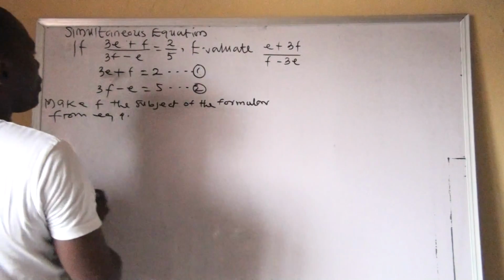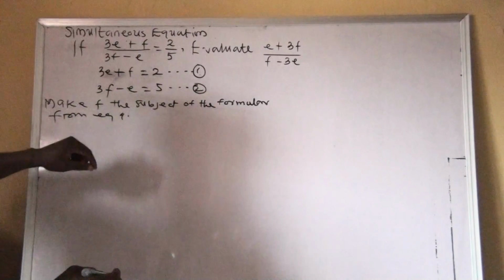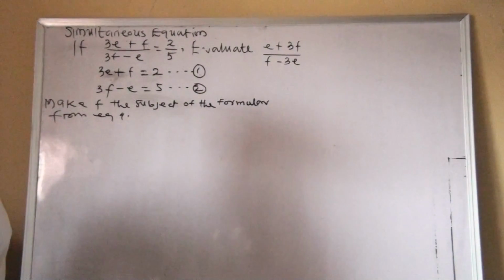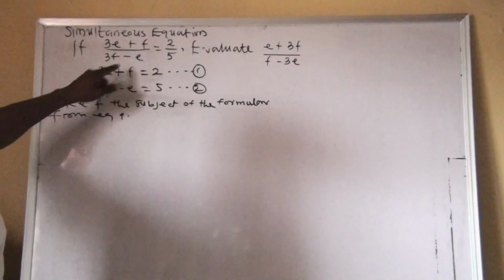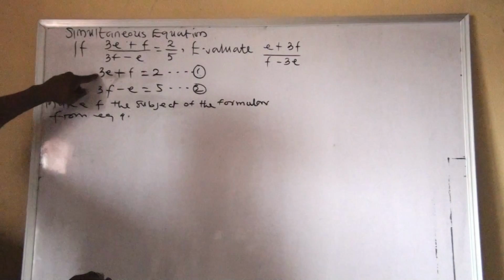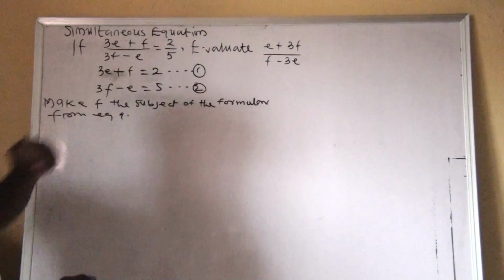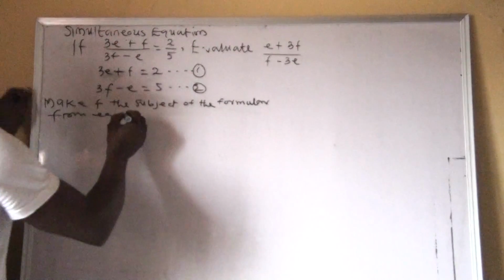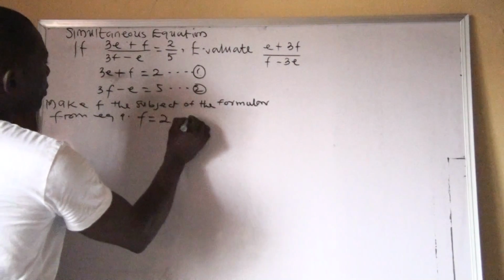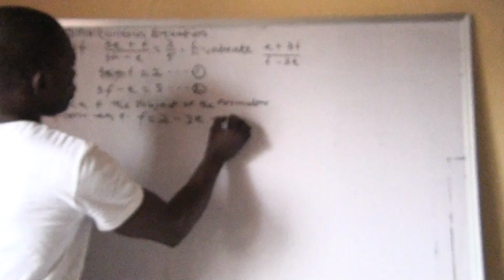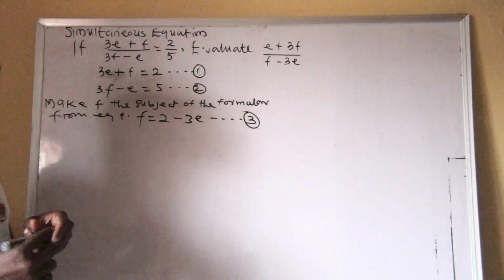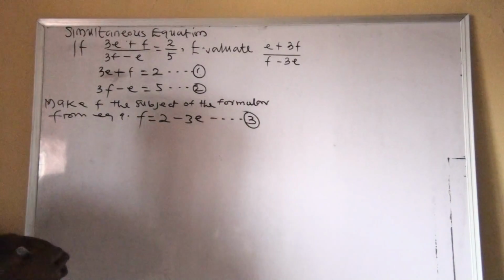So from equation 1, if we are making f the subject of the formula, that means f will be on the left hand side and 3e will move to the right hand side. Here 3e is plus, as it crosses the sign of equality, it becomes minus. So f = 2 - 3e, and usually this will form equation 3, like I said in the previous video. So this is our equation 3.